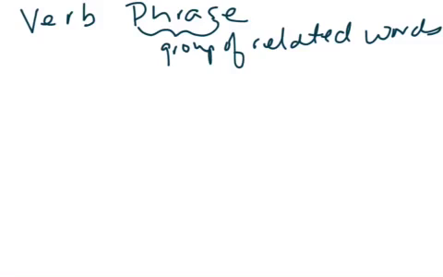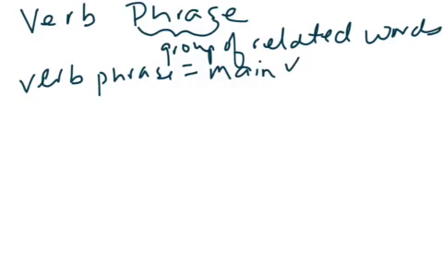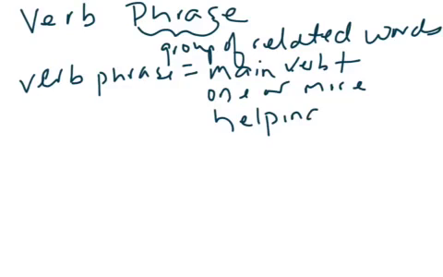Okay, so in this case, a verb phrase equals a main verb plus one or more helping verbs. Sometimes these are also called linking verbs.